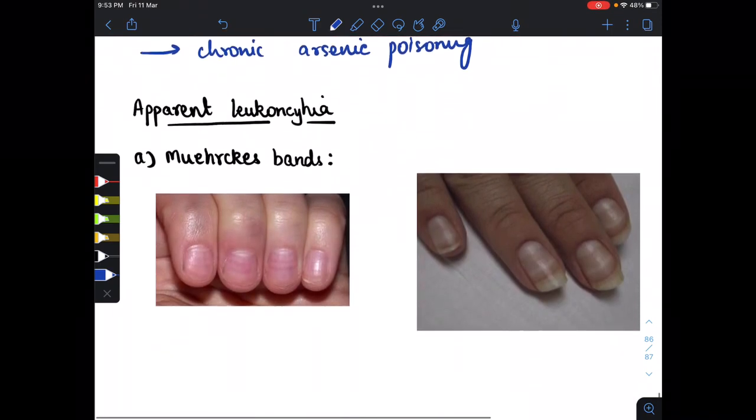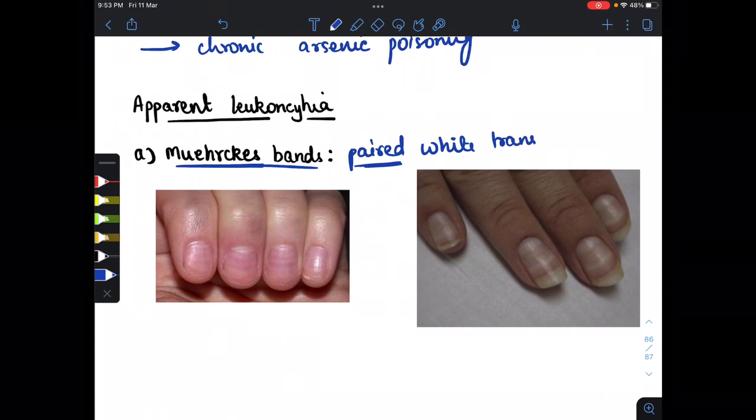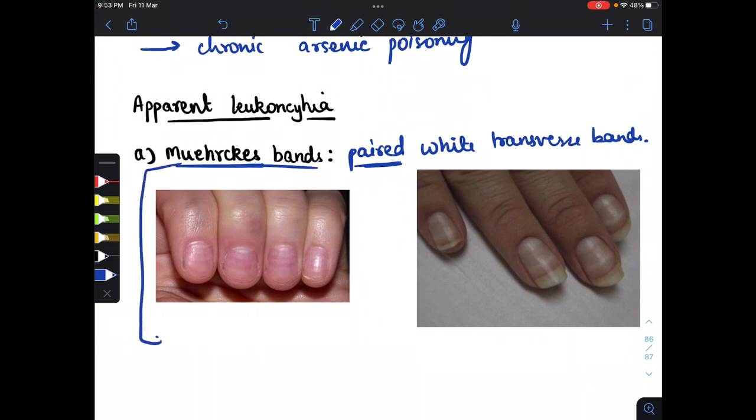Now the next one is apparent leukonychia. In apparent leukonychia we can see Muehrcke's bands. In Muehrcke's bands there are paired white transverse bands, and these bands are seen in hypoalbuminemia patients, in which albumin is low in quantity.